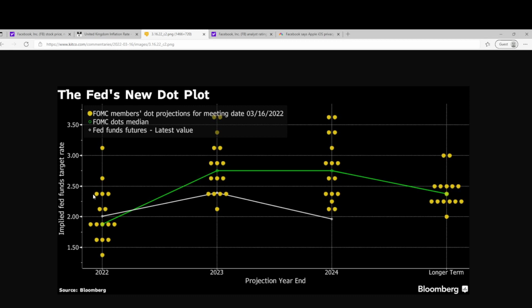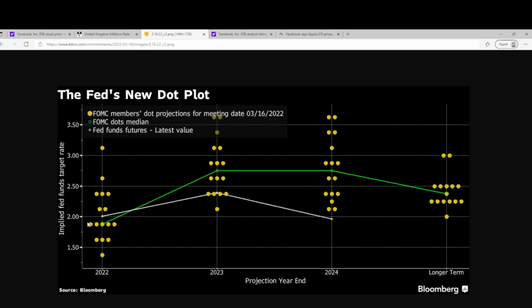This is the fairly recent 16th of March dot plot, as they call it. This is where all of the members of the FOMC committee see interest rates being over the course of each year.